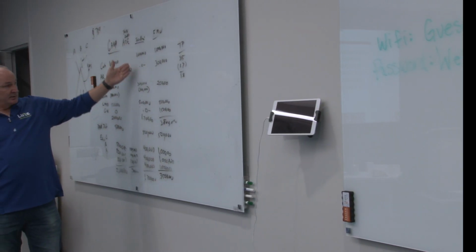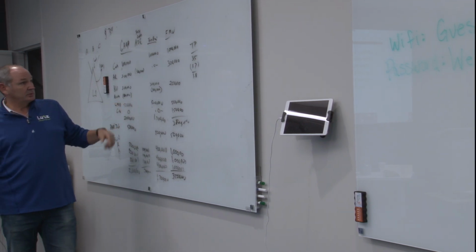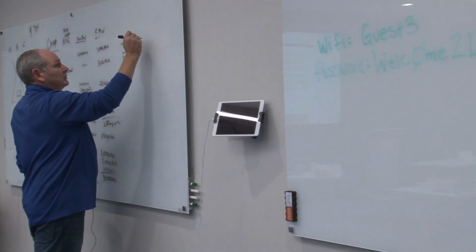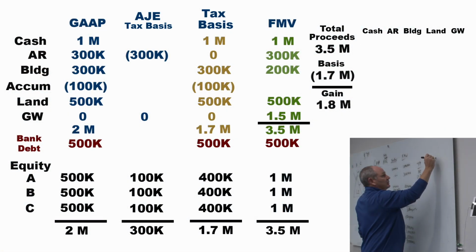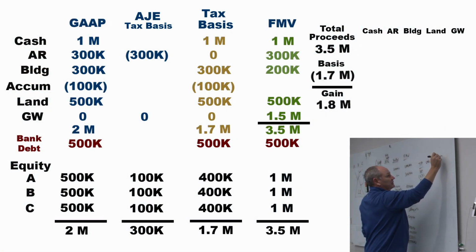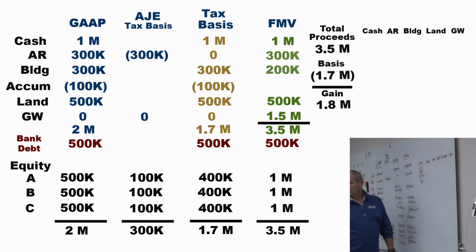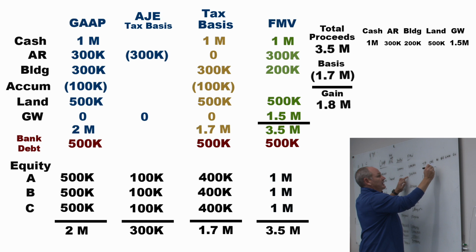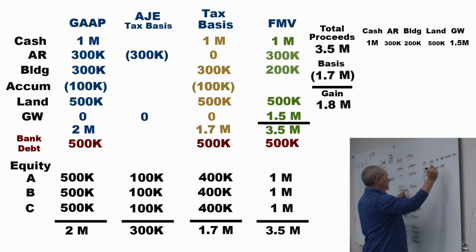But here, we sold cash, we sold AR, we sold building, and we sold land, and we sold goodwill, correct? So the proceeds for cash is 1 million, AR is 300, building is, we said 200, correct?